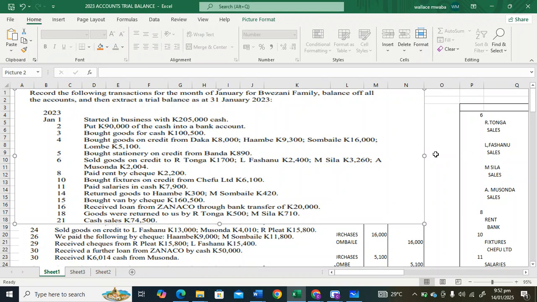That's why it's credited. But if you buy these goods on credit, since cash hasn't been exchanged, you substitute that with the name of the payable. Okay, wonderful.